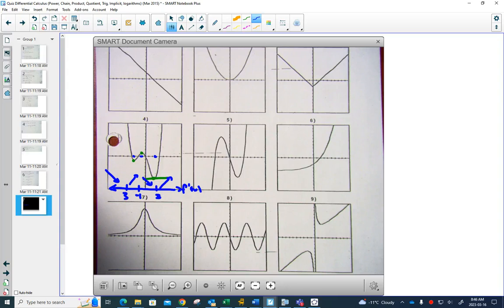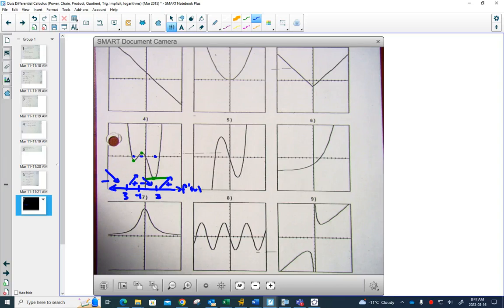But the down and up told us something about the derivative. When we plugged something into the derivative, we found out that when it's going down, my derivative was negative. When it was going up, my derivative was positive.